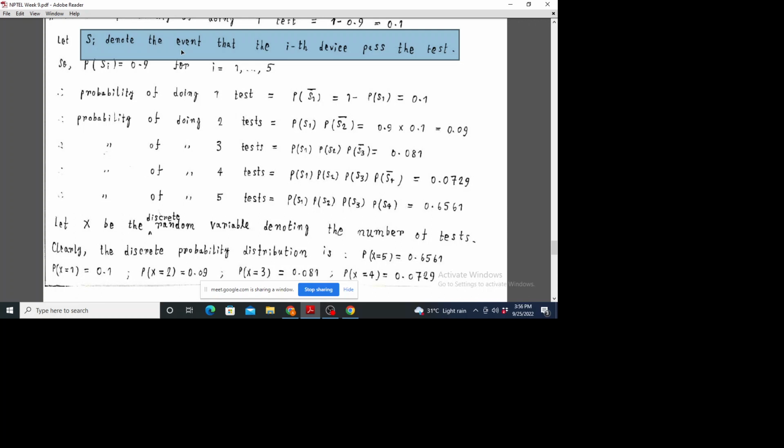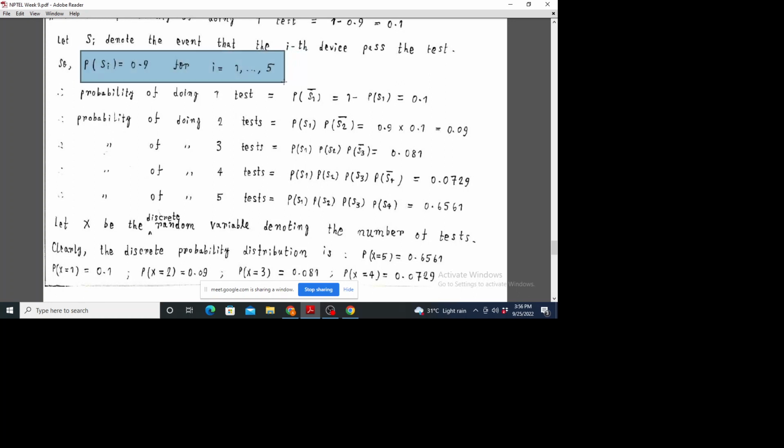In the question it is written that every device has a probability of 0.9 of passing the test, and that means P(S_i) is 0.9 irrespective of i.